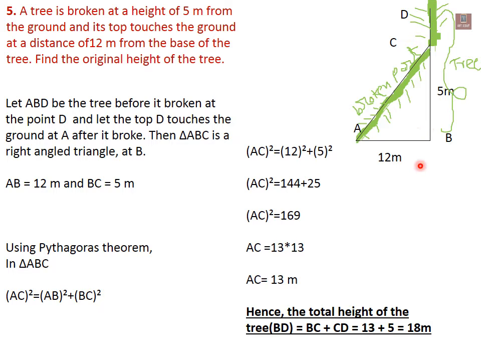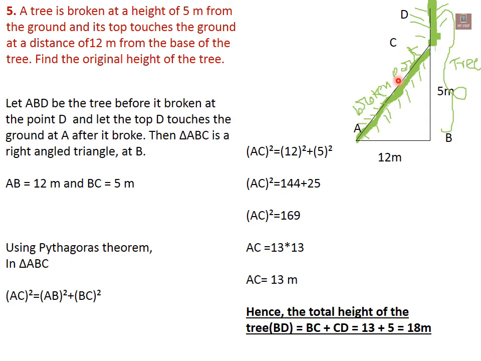Because it is forming a right angle triangle, we use Pythagoras theorem. AB is equal to 12 meters because it fell down at a distance 12 meters from the base of the tree, and BC is equal to 5 meters.